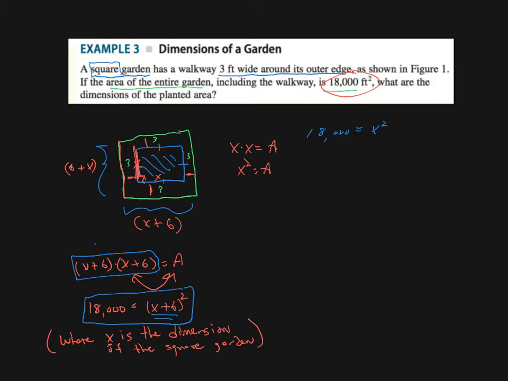What we're doing is we're FOILing over here. So first, outer, inner, and last, that kind of thing, right? I actually didn't connect it in the right lettered order, but we should know how to FOIL. So x times x is x squared plus 6x plus 6x plus 36. And then we're going to have 18,000 equals x squared plus 12x plus 36.